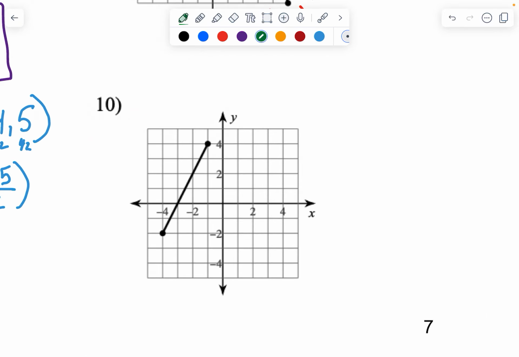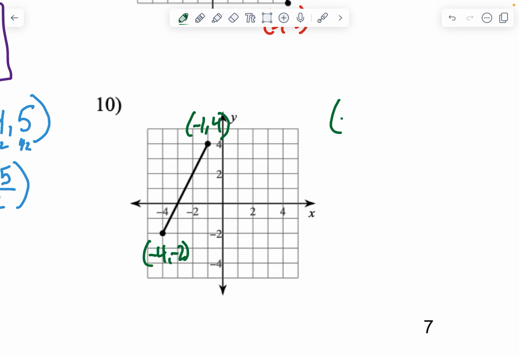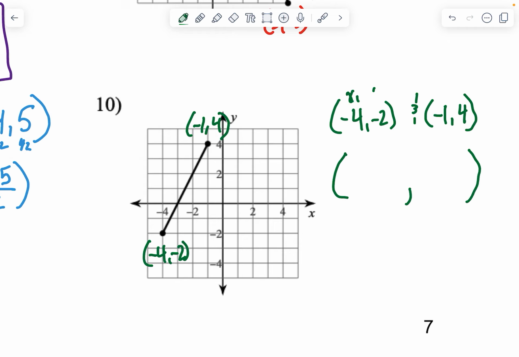And my last one, we have the point -4, -2, and then the point -1, 4. So looking at -4, -2, and -1, 4, I'm going to make my big point for my last problem. I have x1, y1, x2, y2.